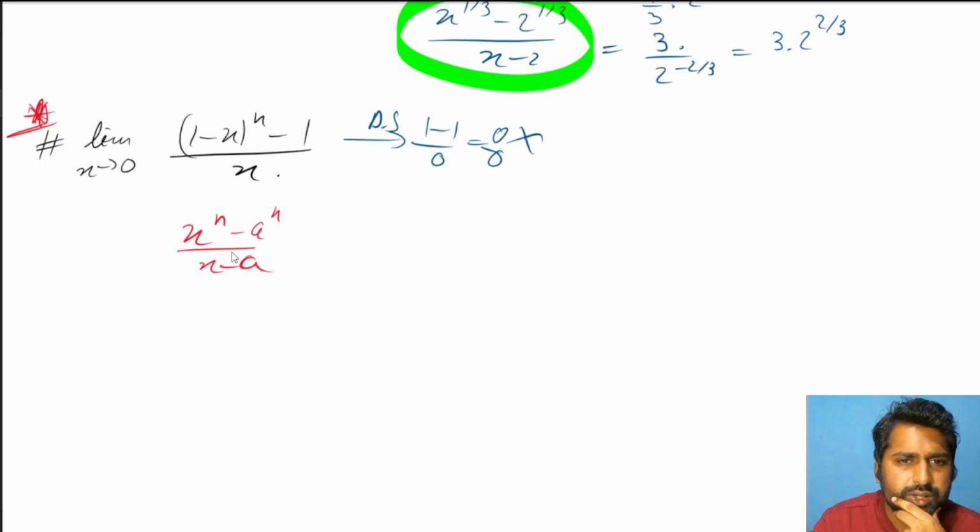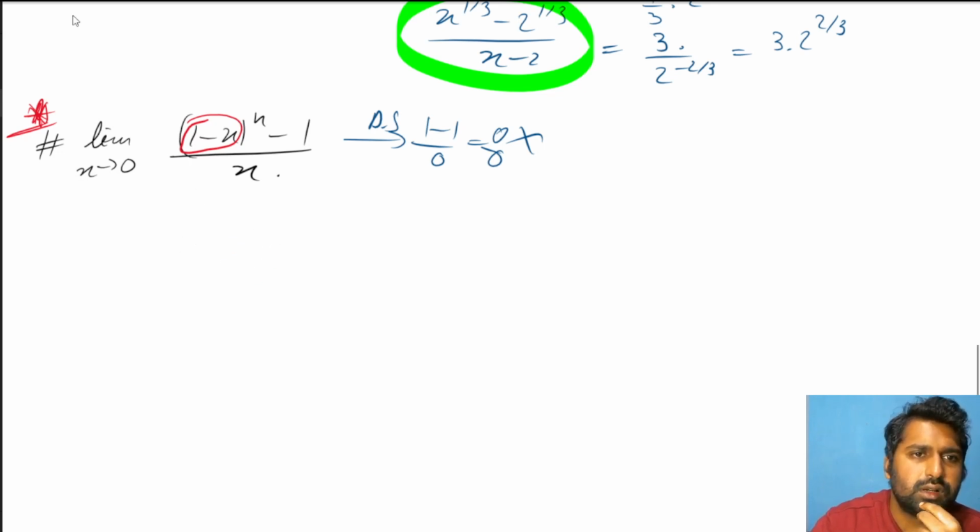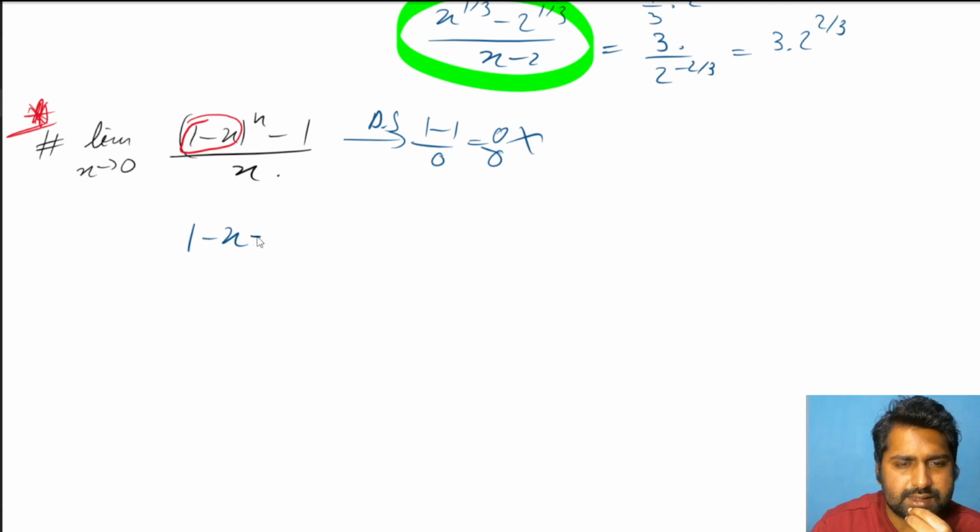So right now I'll consider 1 minus x as some y. In that scenario, the numerator will look like y raised to power n. 1 can be written as 1 raised to power n, because 1 raised to power anything is 1.